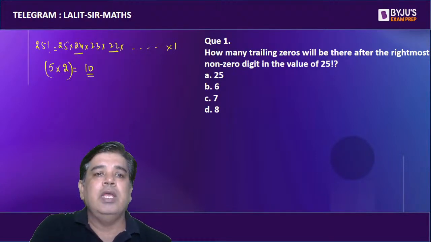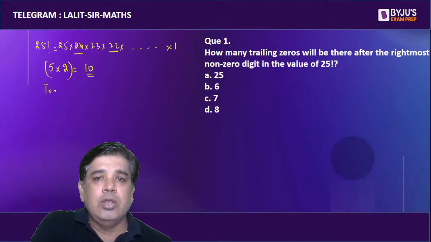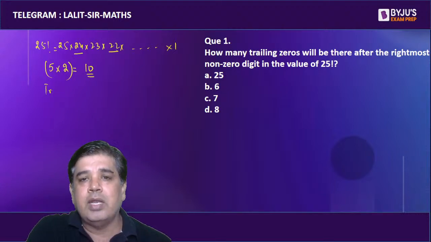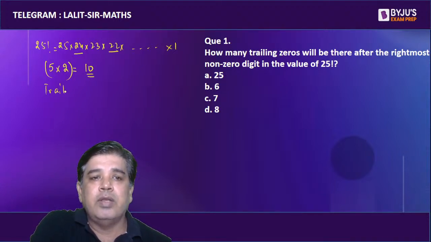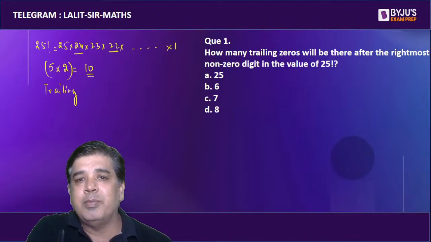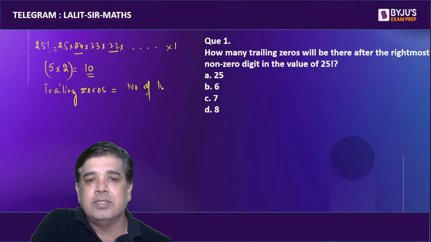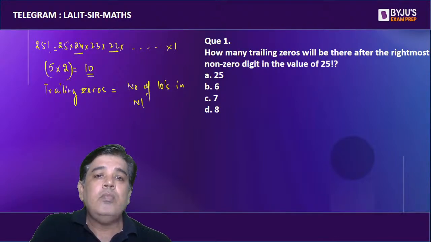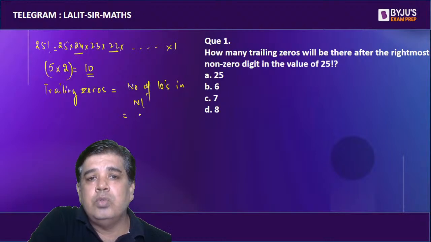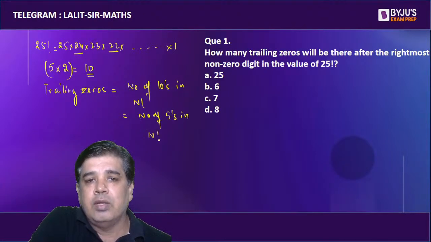So actually, for trailing zeros, we are now concluding what the concept behind finding the trailing zeros should be. Actually trailing zeros is the number of tens in n factorial, right, which further equals the number of 5s in n factorial, right?